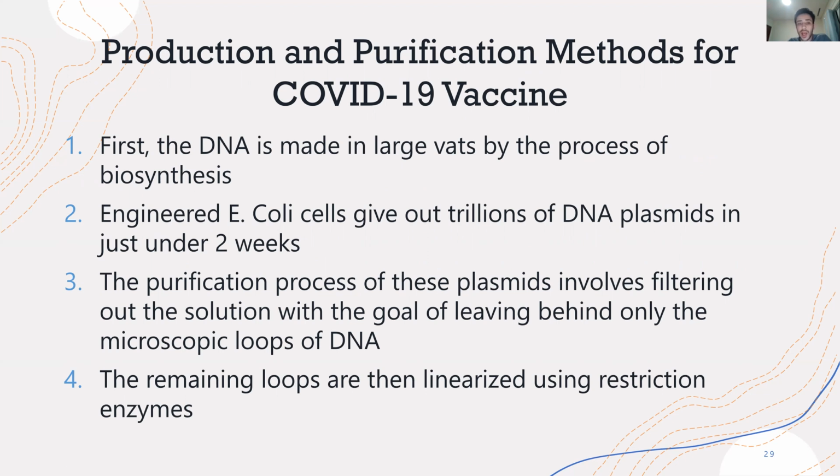After we get the DNA plasmids, we do a purification process and filter out the solution, leaving only the microscopic loops of DNA. These loops are then linearized, straightened out basically, using restriction enzymes which cut the DNA. So instead of being circular, it becomes straight.